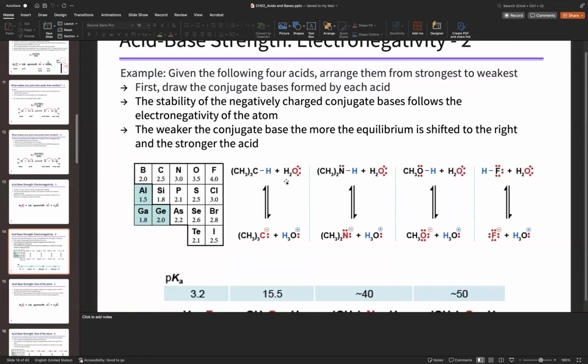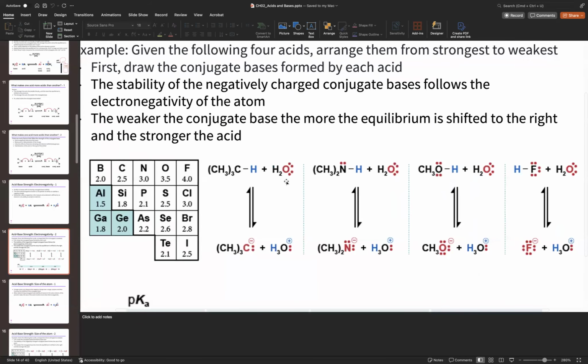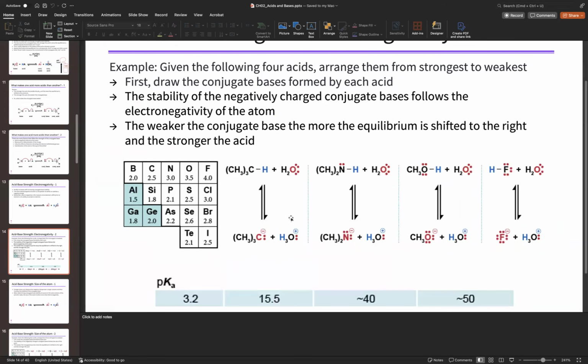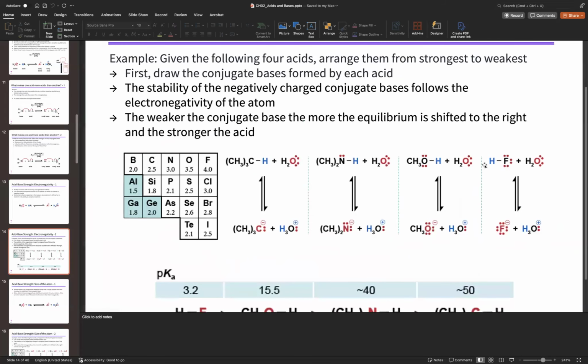First of all, always be aware of what a Bronsted acid-base reaction looks like. You have a proton here shown in blue that is being donated to H2O to turn it into H3O plus. So this compound is the acid, this is the base. And down here on the product side, this is the base and this is the acid. They are all very similar reactions because water is one of the reactants.